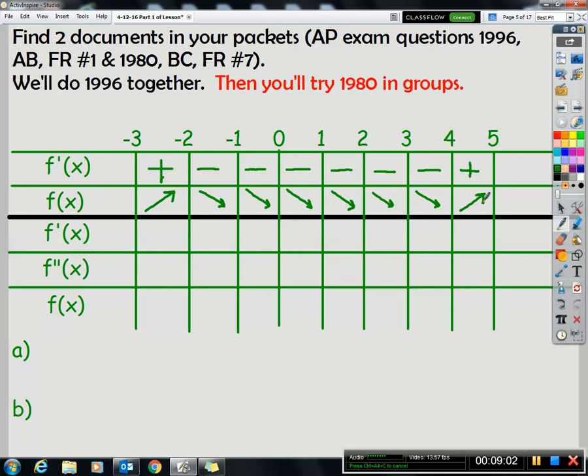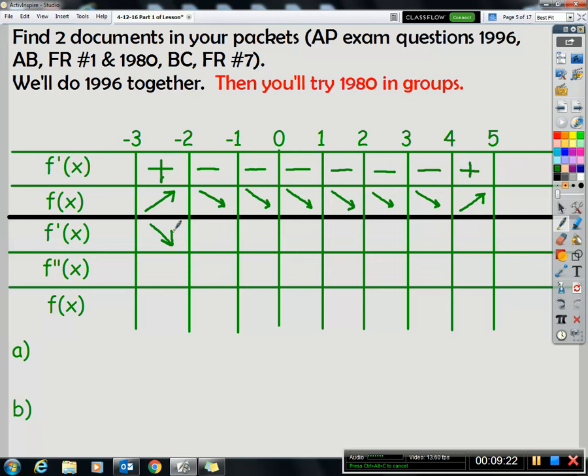Now, below the black line, we're going to handle this a little differently. I'm going to use f prime of x to figure out what's going on with its derivative. So, for instance, do you see on my f prime of x graph, from -3 to -1, f prime of x is decreasing.